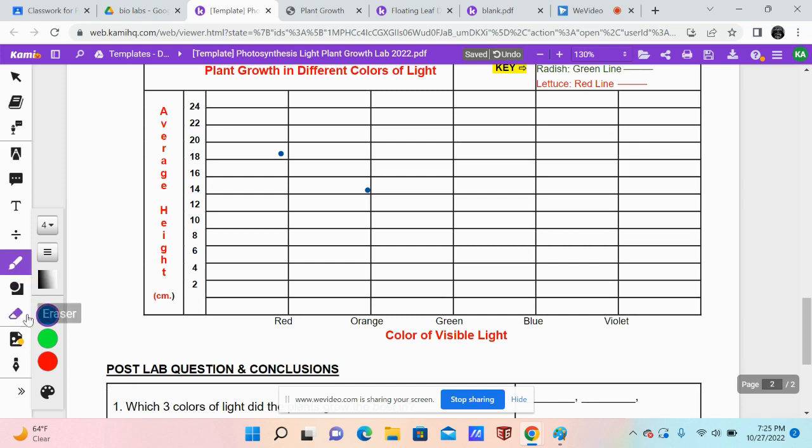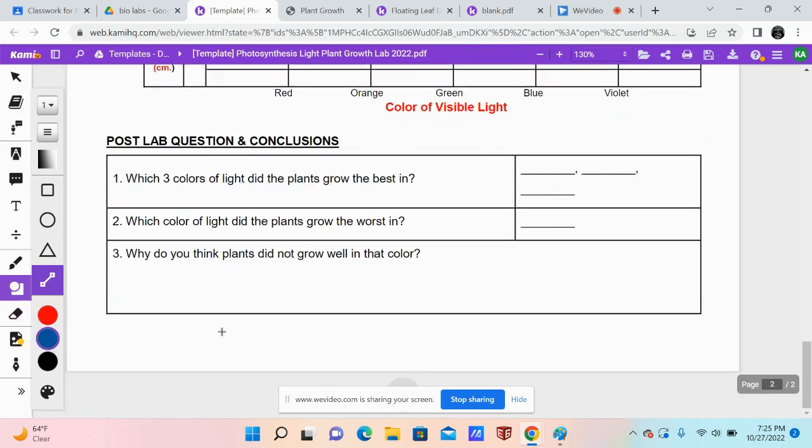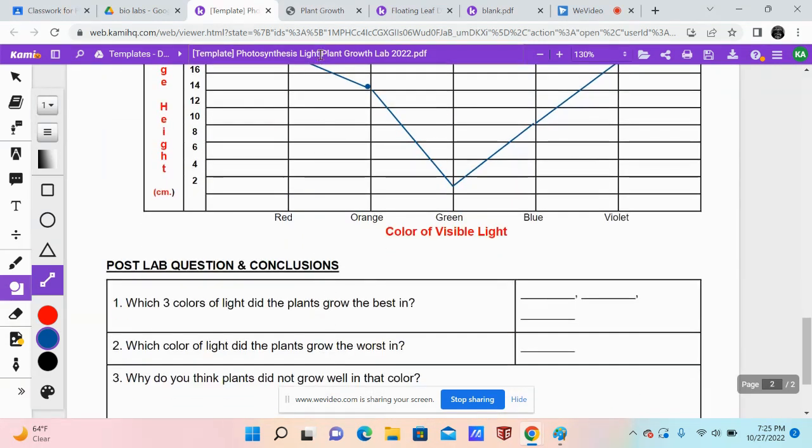Don't put it there because I'm just guessing. Eventually you'll add shapes, line, and then you'll connect all your lines. Don't do this because I don't know where these lines actually go. It's probably pretty close to that. So you can have two types of graphs, either the line graph like this, or the bar graph like I showed you. And based on what your graph shows you, you answer those 3 questions.